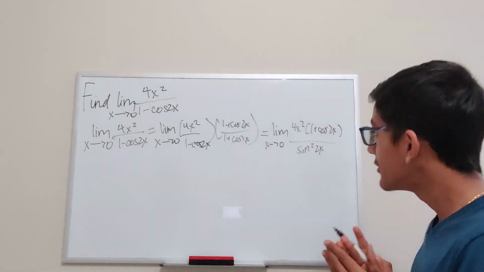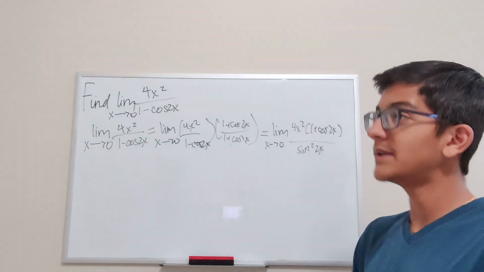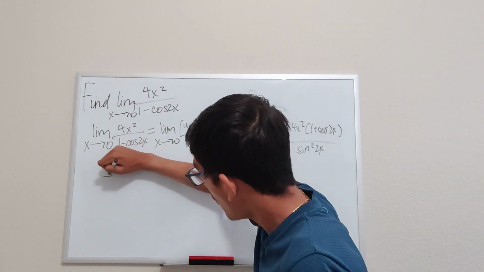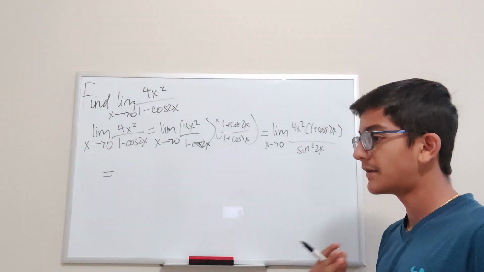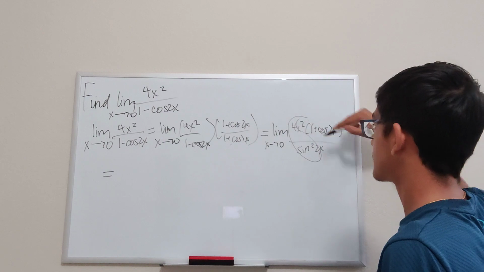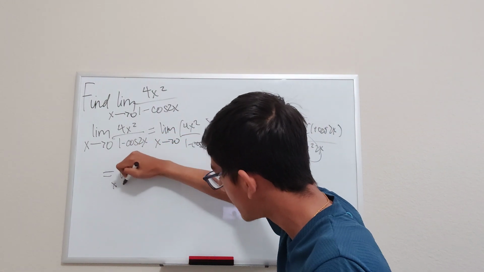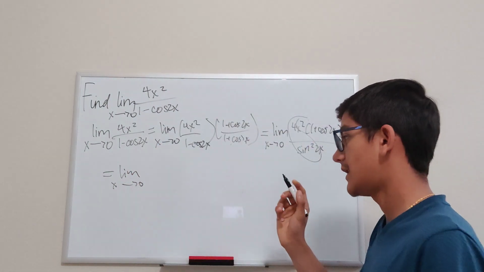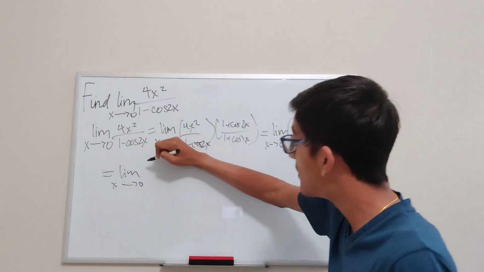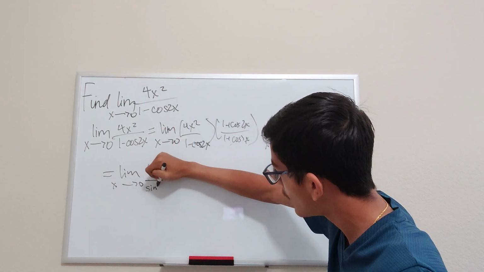Now, we're going to do a simple procedure which I call separating or breaking the limit into two so that we can find our answer. We're going to separate these two from this. So you write your limit as x approaches 0, but now only for 4x squared divided by sine squared 2x.